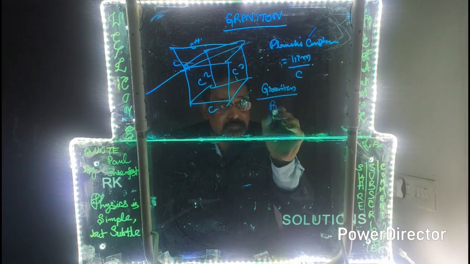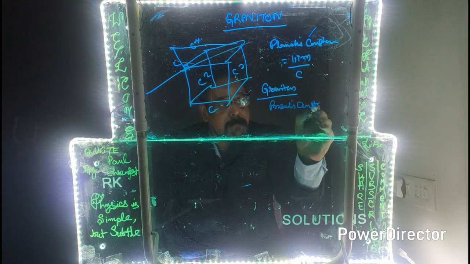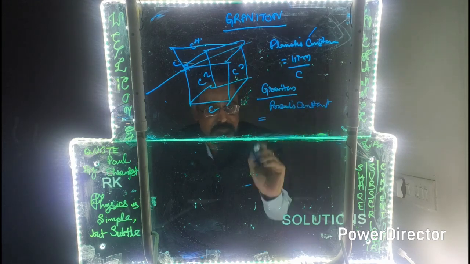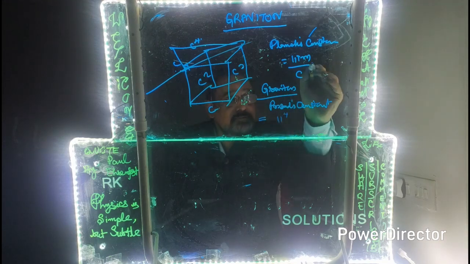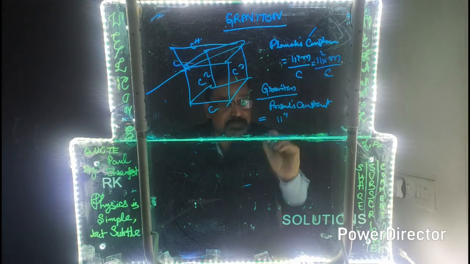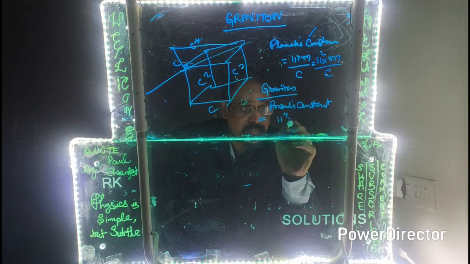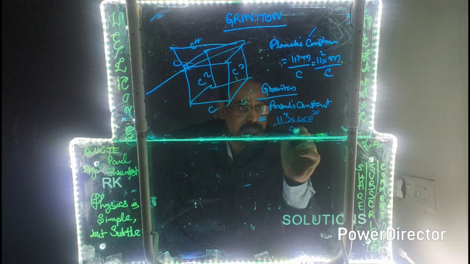This I called Russell's constant, let's say, is equal to 11 raised to 4. This was basically 11 squared into mass of proton by speed of light. This will be 11 raised to 4 into 2 into 10 raised to 35 C4.